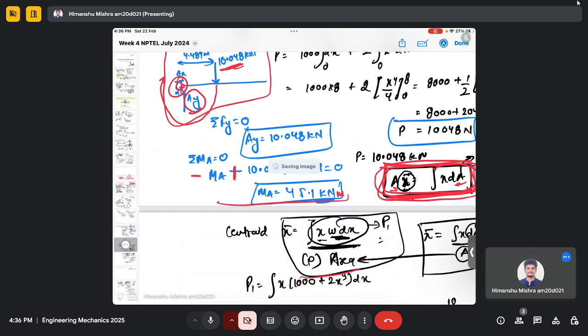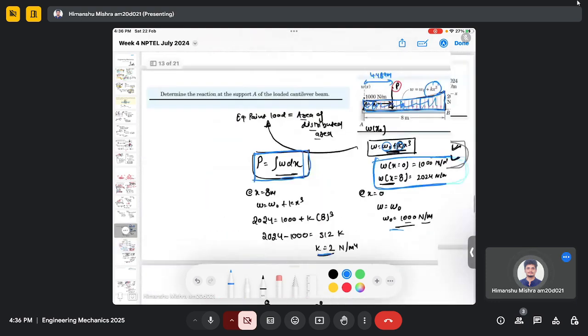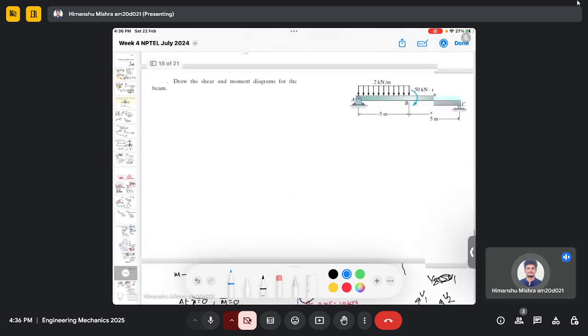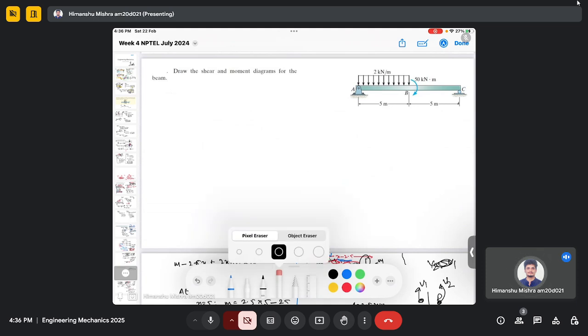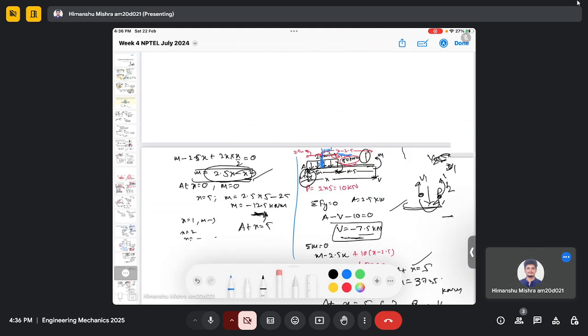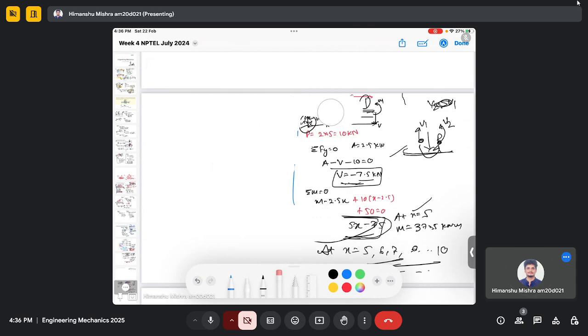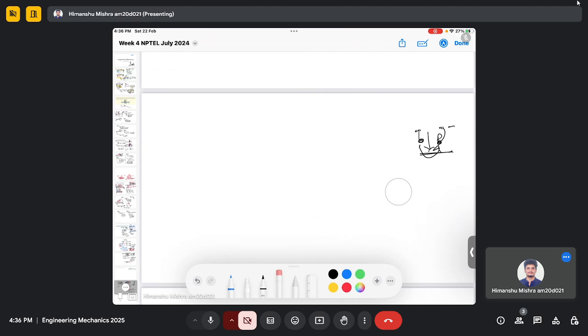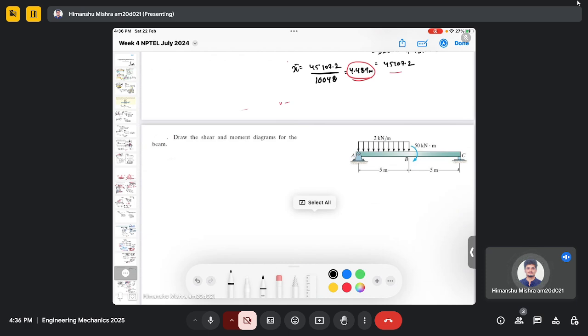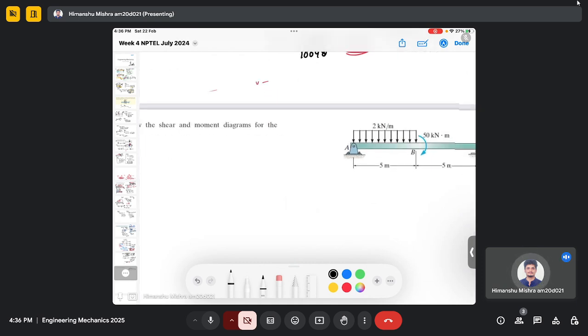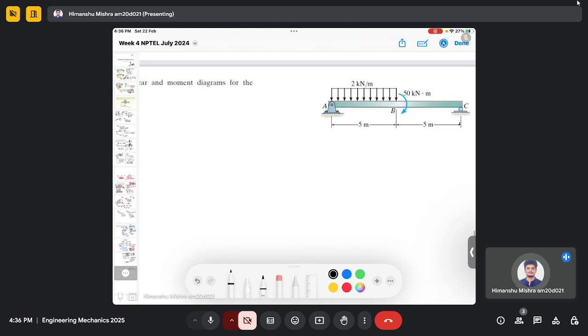So let's move to the next question. In this question, we will try to make the shear force and bending moment diagram. So here we need to draw the shear force and bending moment diagram. Usually in this question, it is always desirable to make this diagram just below the beam, so you can easily show the location at each point.